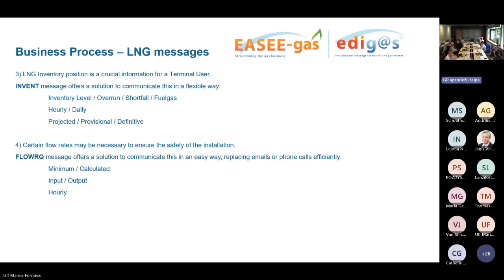For instance, in the case of Fluxys Belgium, we need a minimum send-out at all times at the LNG terminal, just to ensure that the pressure inside the tank will not increase too much, so that we can evacuate the boil-off gas. And so we need to communicate this minimum send-out to a terminal user, and we can do that with the flow request message. So that's an easy way to replace email or phone calls efficiently.